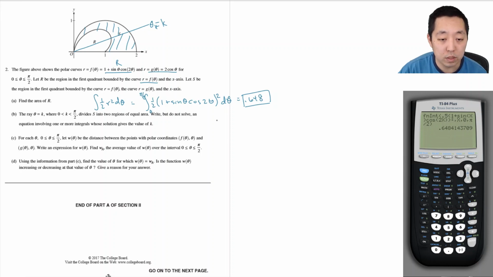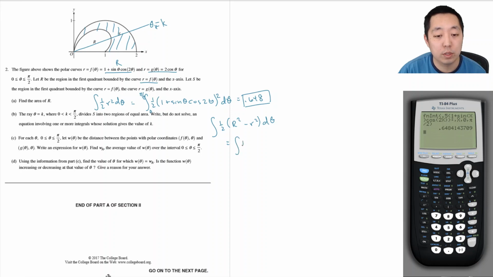Well, the whole area of S is given by the area of the bigger arc minus the little arc. So when we do this area, it's really the integral of 1/2 the big R squared minus little r squared d theta. That would be the area.